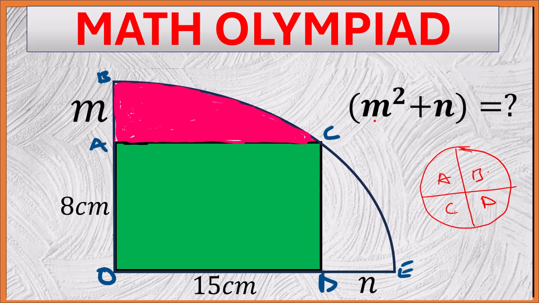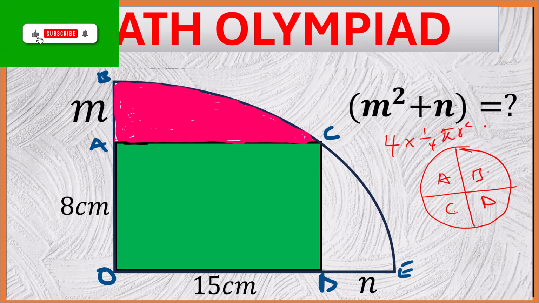So 4 times 1/4 of a circle will be one complete circle, the area of a circle.